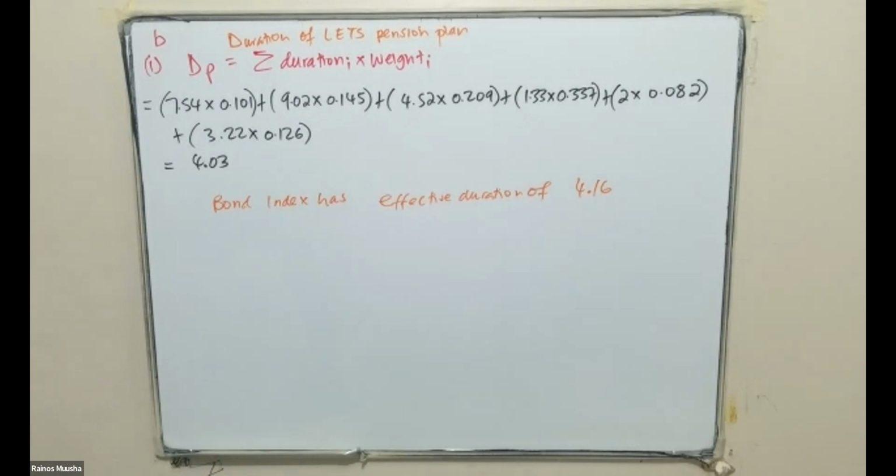So duration basically measures interest rate risk. The higher the duration, the higher the interest rate risk.